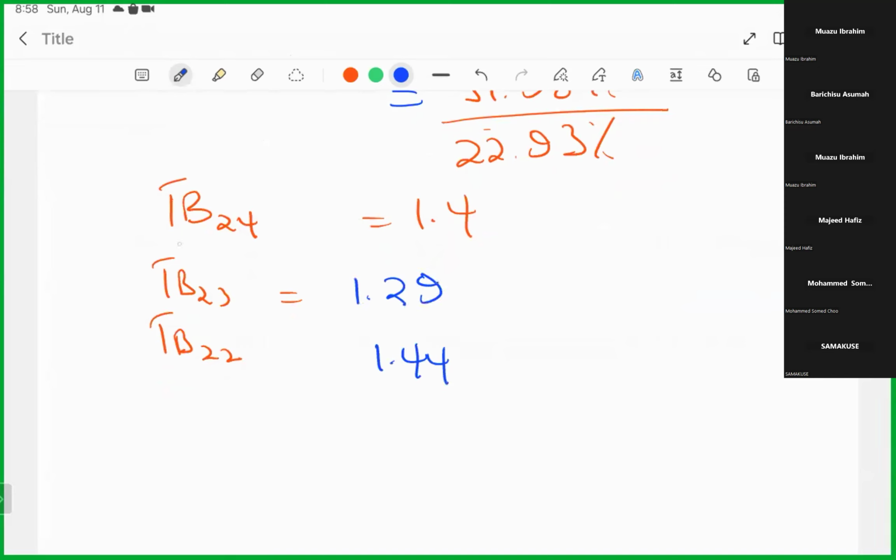And now the current tax buoyancy is 1.4.